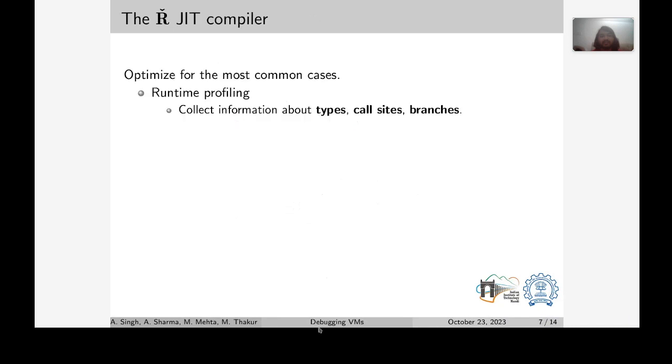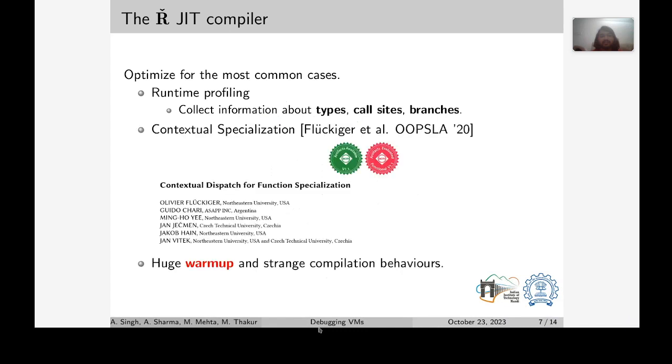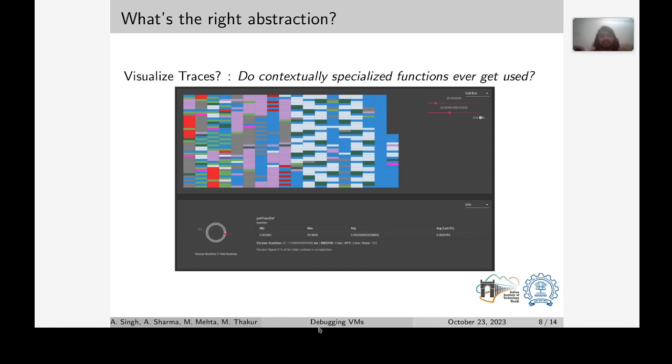So the Ř JIT compiler takes into account all of these corner cases when optimizing code, and contextually specializes different functions. And because of this, it does experience a huge warm up and does have strange compilation behavior sometimes.